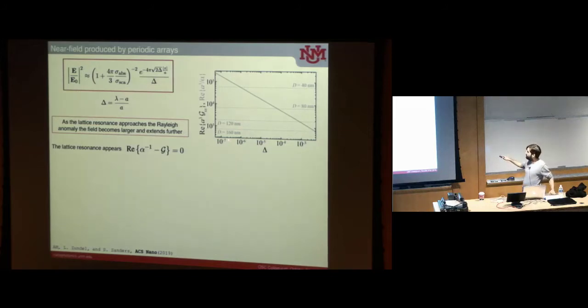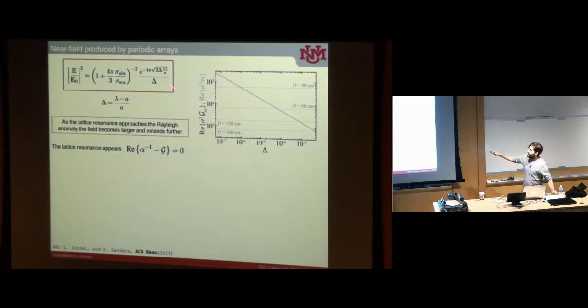So for example, for a particle with a diameter of 160, you have this inverse polarizability, and if you keep making it smaller, it goes up, and then you see we are shifting the position of the peak from here to here to here. You see we are making it closer and closer to the Rayleigh anomaly.